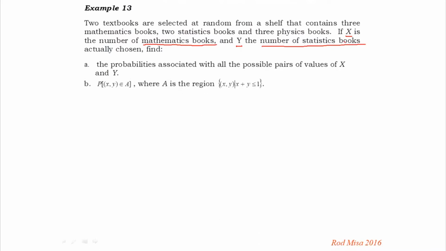Letter B: find the probability value for all possible pairs in the set A, where A is the set having all possible pairs of x and y whose sum is less than or equal to 1.